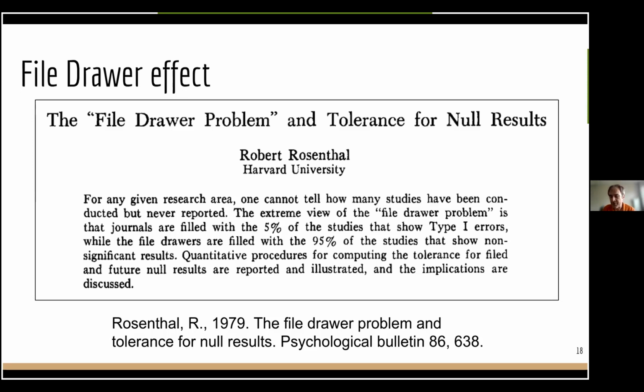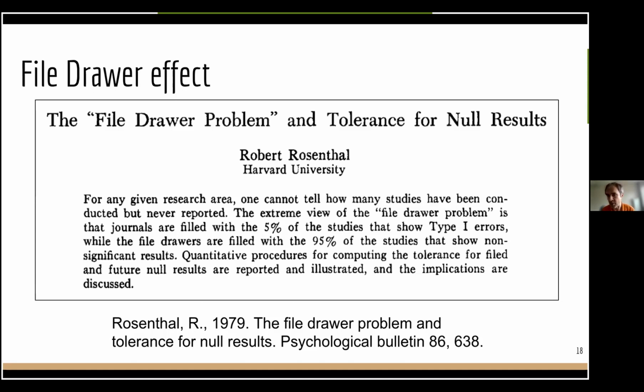The file drawer effect is almost like the social aspect of the Winner's curse in some ways. It's the fact that if your result is not significant at your type 1 threshold, let's say 0.05 or whatever, you're unlikely to publish the result.